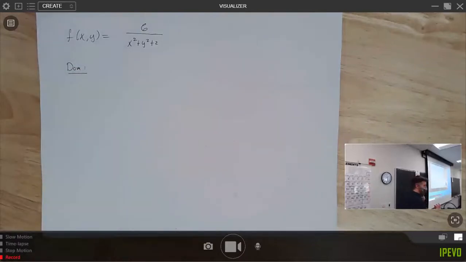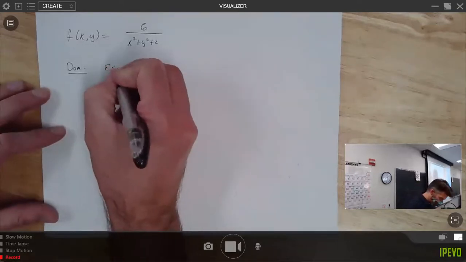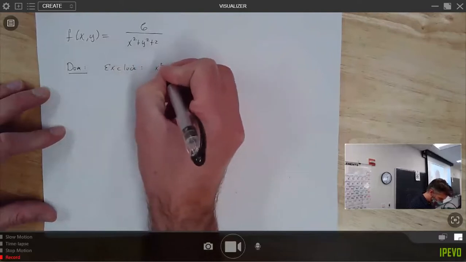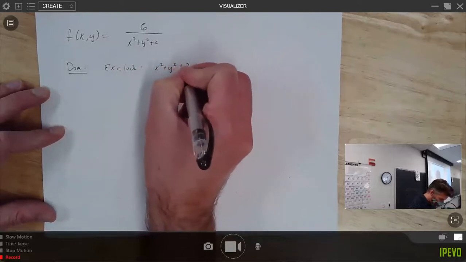So, domain. No square roots. Great, don't get rid of that. No logarithms. Great, don't get rid of that. But I do have a fraction, which means I do have the possibility of dividing by 0. So I need to make sure that I exclude any values of x and y that make the denominator equal to 0.